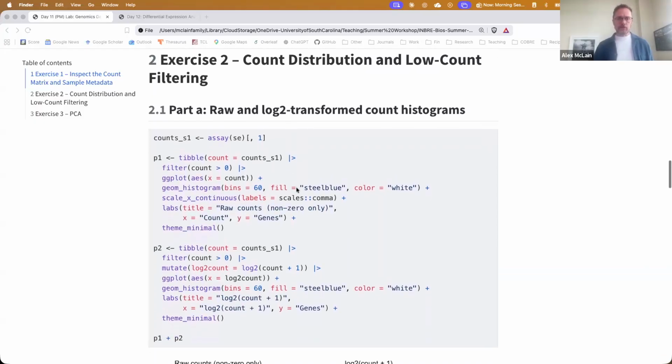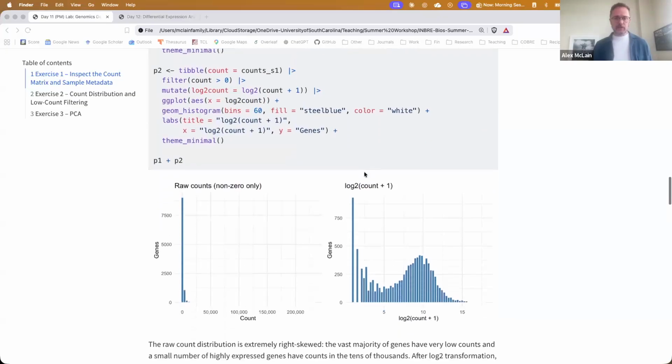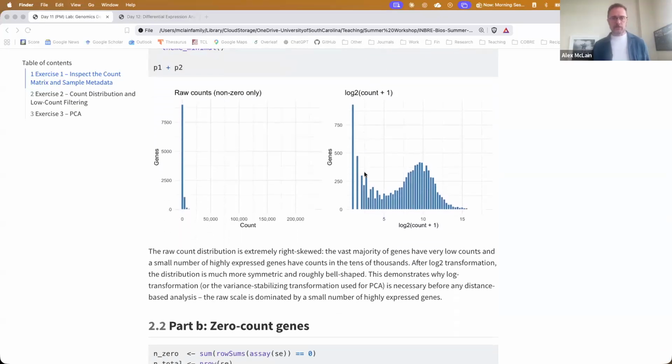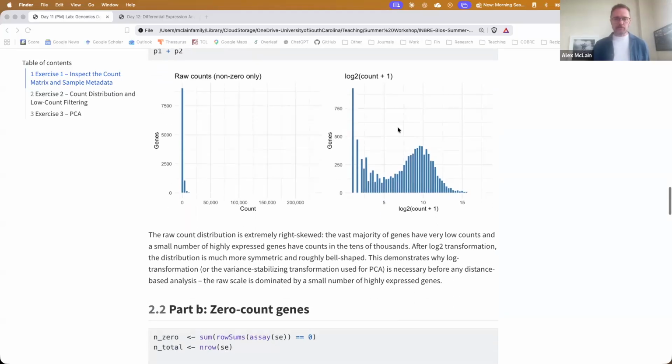So the next part was looking at the count distribution and low count filtering. So here is the first sample, the raw counts, only non-zeros in the log 2 count + 1.